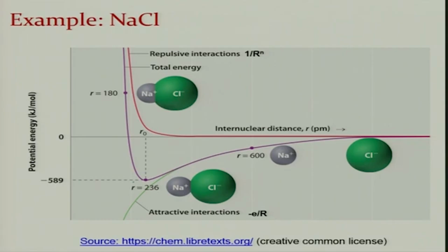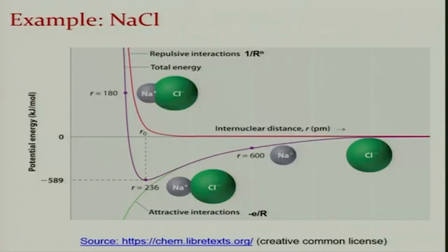So, you can represent this in the form of kT, and the differential of A with respect to T will give you the coefficient of thermal expansion. So, the steeper the line is, the lower the coefficient of thermal expansion is going to be, which is the case for MgO as compared to NaCl.